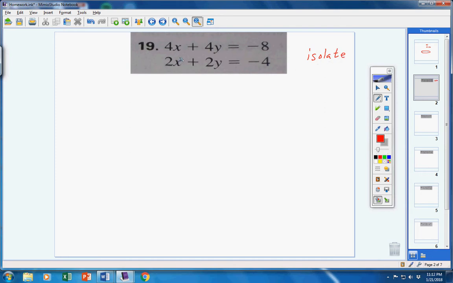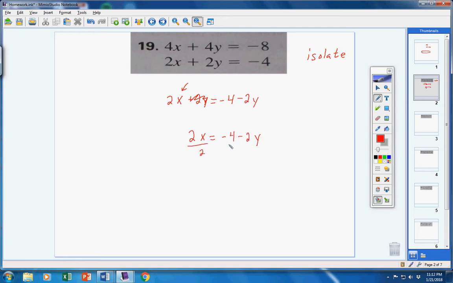I'm just choosing x here because I feel like it, no other reason, okay? So 2x plus 2y equals -4. We're going to solve for x, okay? So bring the 2y over, make it a -2y, and you're left with 2x equals -4 - 2y.